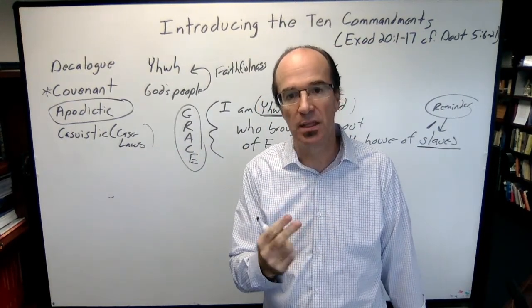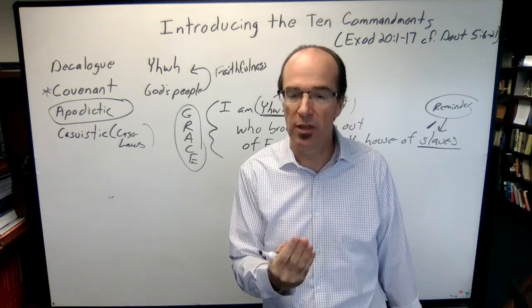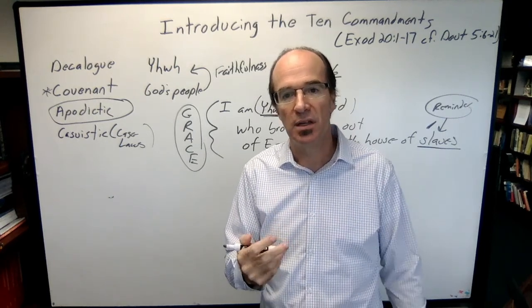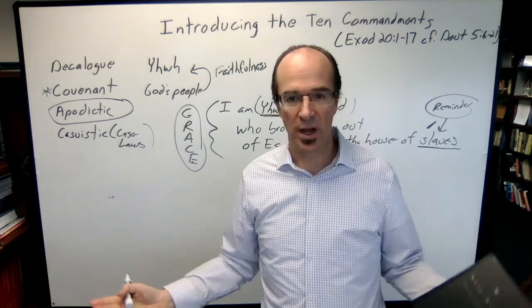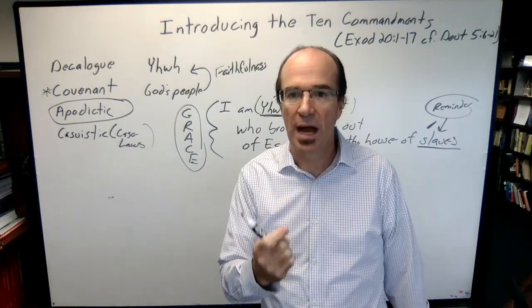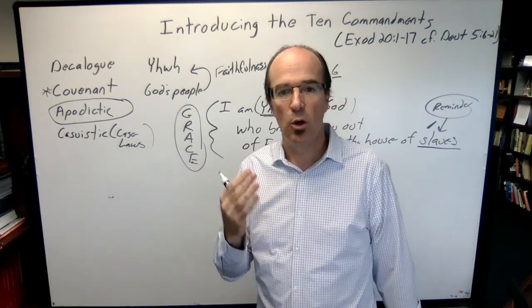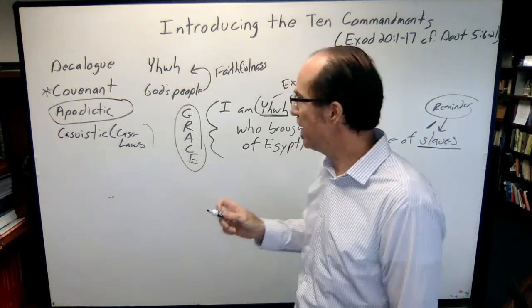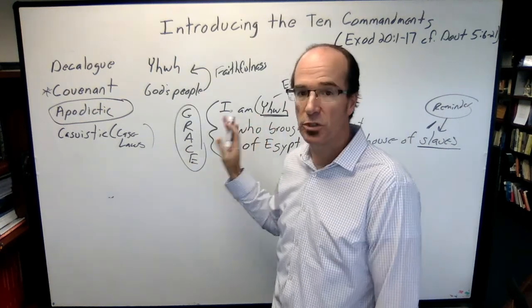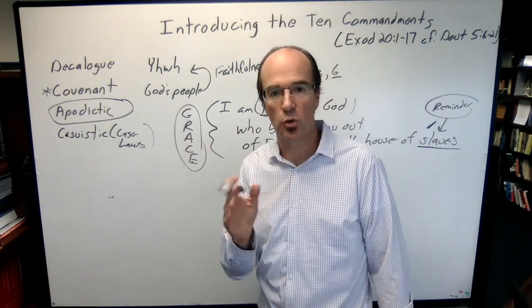And then secondly, this grounds Israel's faithfulness, Israel's life, not in obedience in order to receive grace, but it grounds Israel's life in obedience as a response to grace. So faithfulness is a response to God's prior grace.